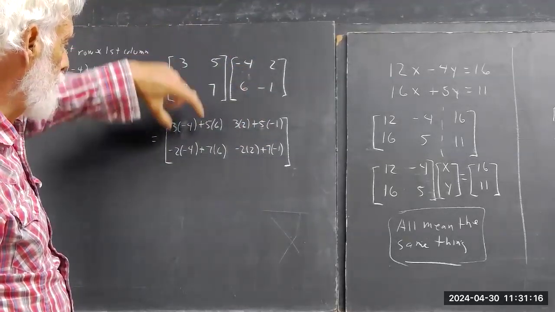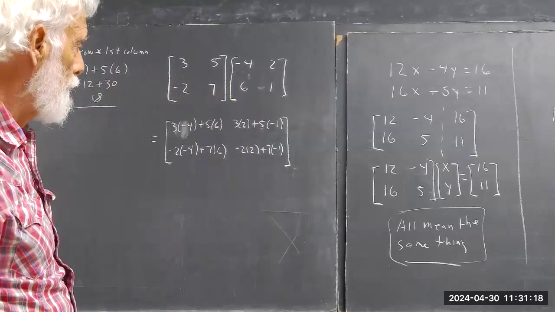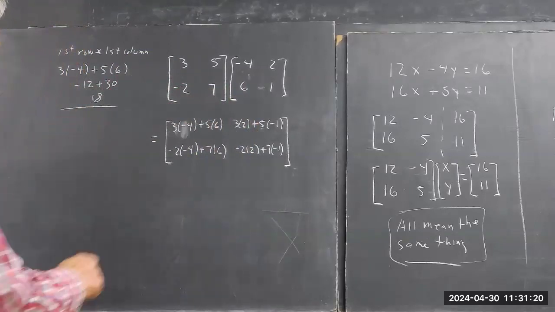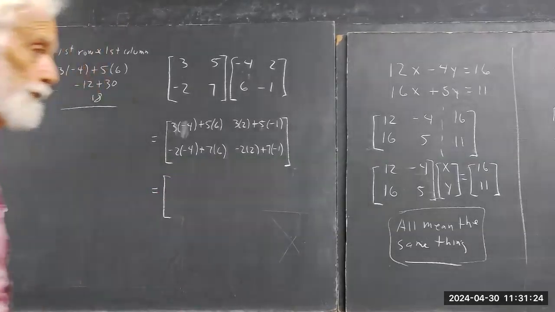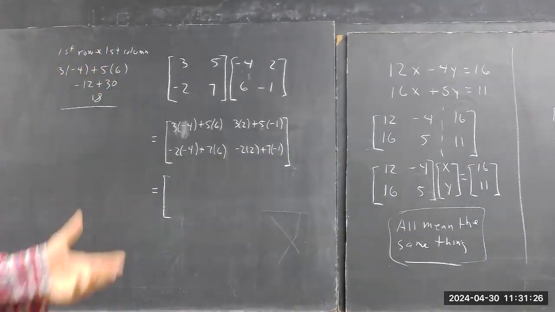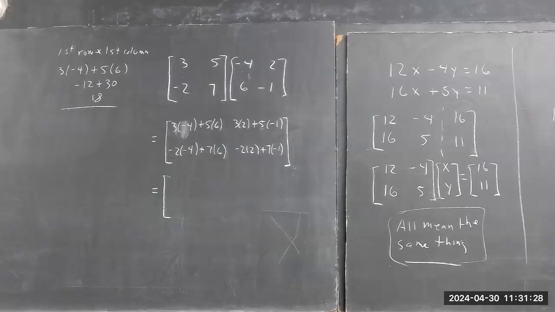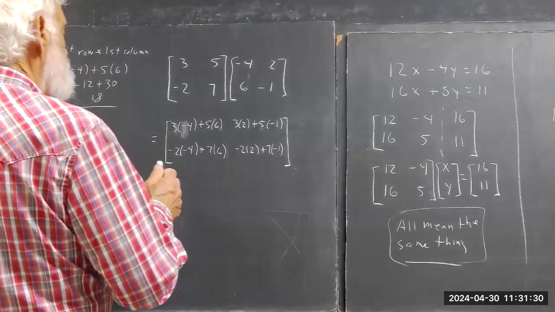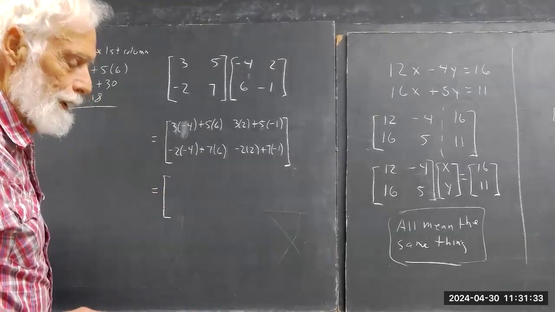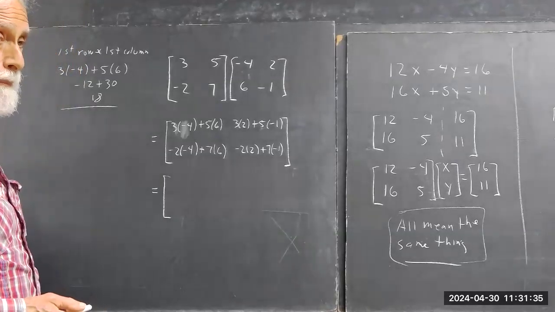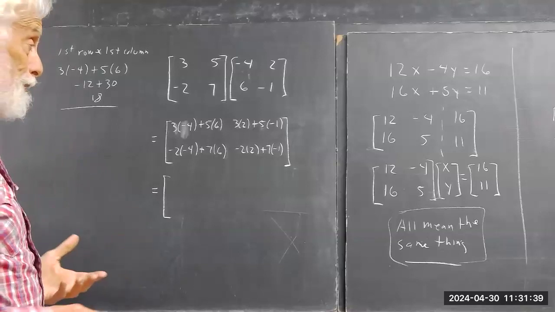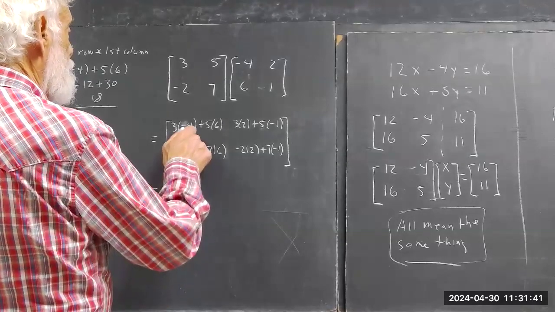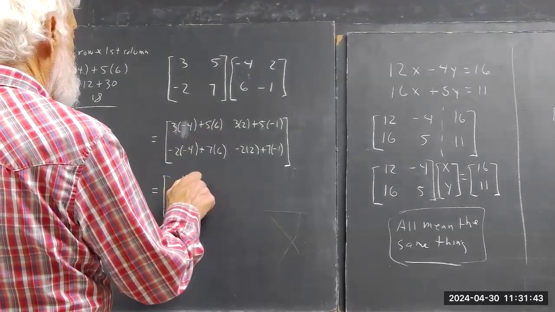Second row, I can see the -2 and the 7. So if you want to see that pattern, be sure you're doing it right. It's a simple enough pattern, and once you see it, it's pretty obvious. We haven't proven that it has any mathematical significance, but you would not believe how much mathematical significance this process has.